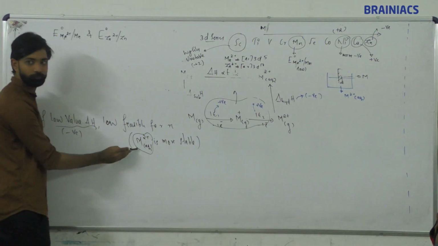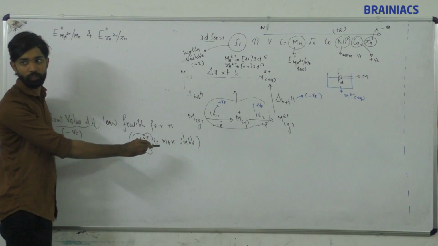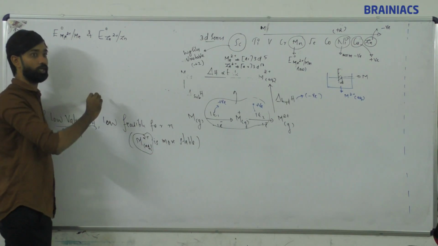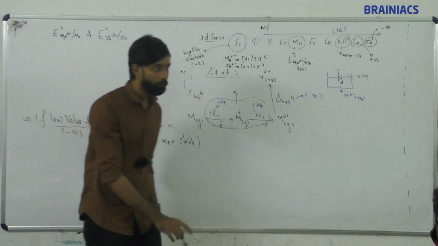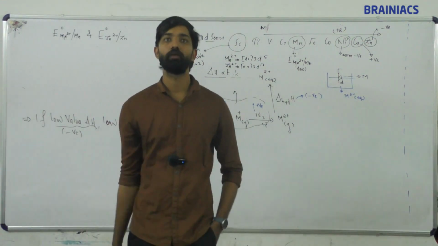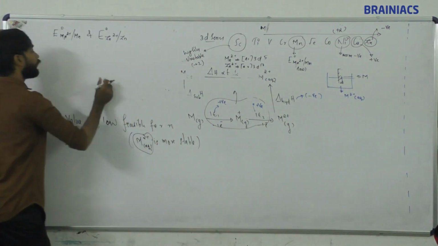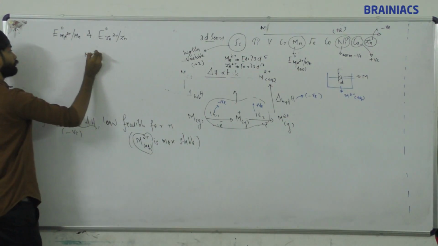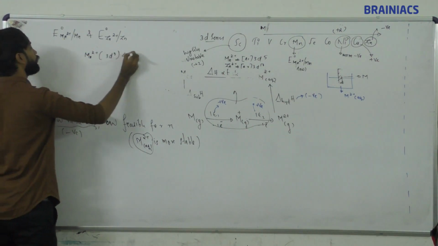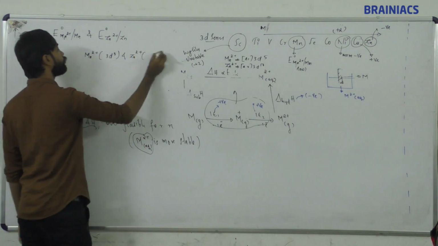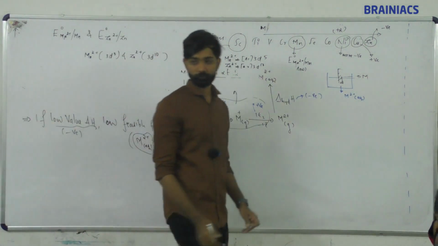The concept is this: if it is low, the reaction is less feasible, which means M2+ has no tendency to become M, so M2+ is stable. Put the reason: Mn2+ 3d5 and Zn2+ 3d10 have stability.